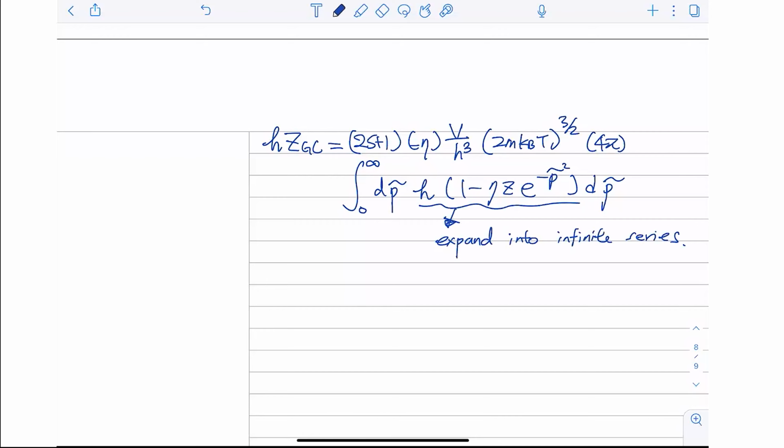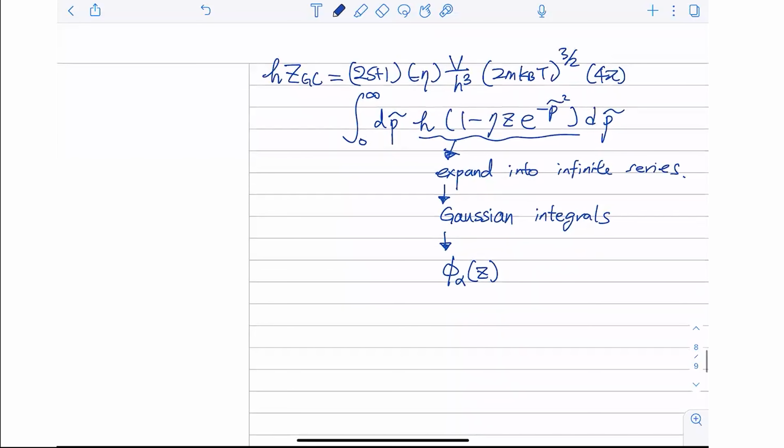And once you do that, you'll notice this integral will be related to a bunch of Gaussian integrals that you are able to perform term by term. And once you do that, you will see it is related to a special function. Here I'll just write down the form of the special function.